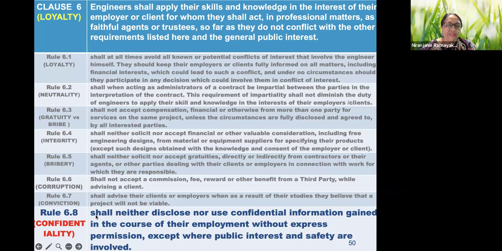Confidentiality should be maintained except where public interest and safety are involved, right? Remember this. It's important how you get your priorities right. The top priority is the public safety, health, and public interest. Okay?